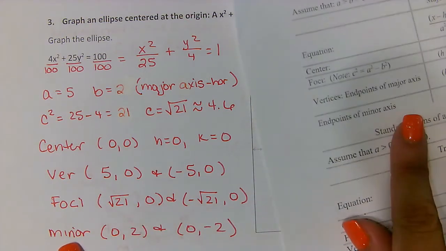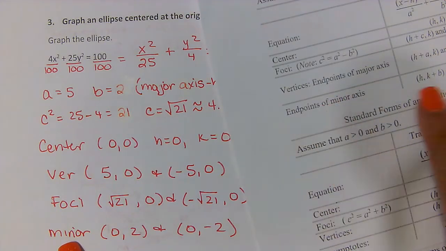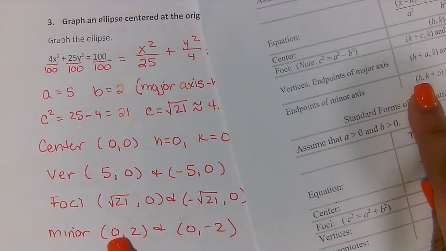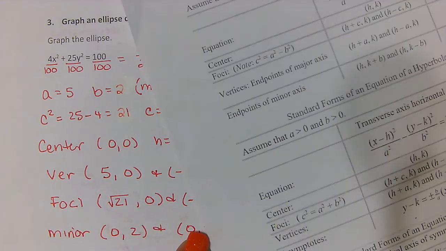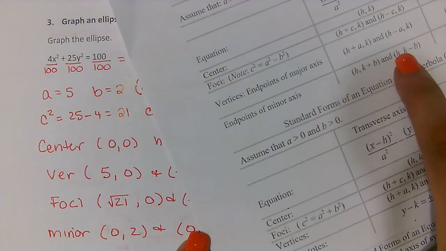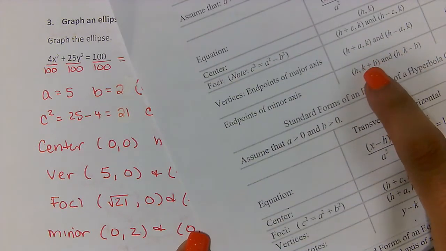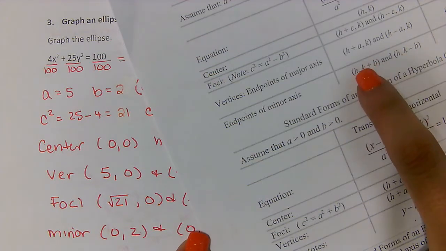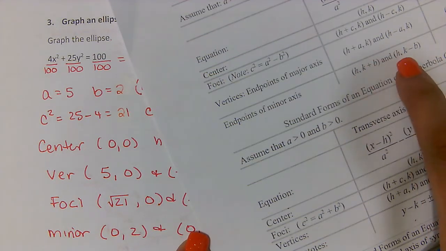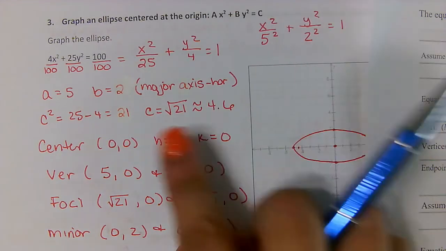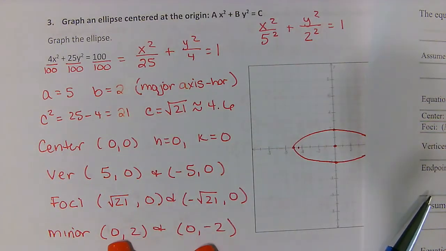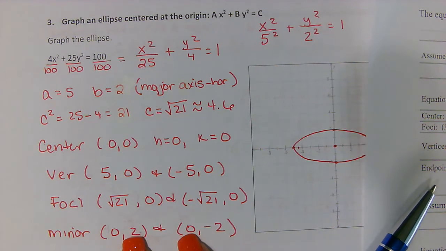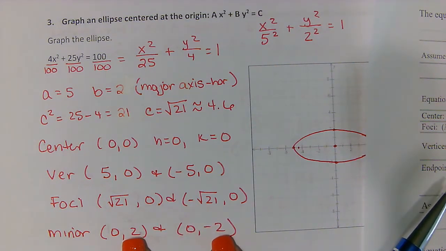For our minor axis, we're going to use our equations: h, which is 0 in both cases, and then k, which is 0, plus b and k minus b. So we're going to have (0, positive b) and (0, negative b). Our b here is 2, so here's (0, positive 2) and (0, negative 2).